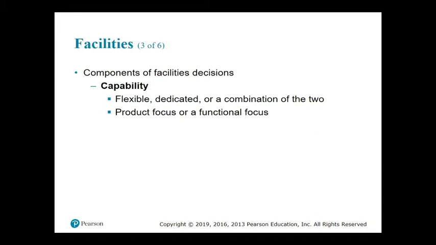So a product focused facility would basically manufacture product A, and perform the processes needed in each step of producing product A. And the functional focused facility will basically say this facility is dedicated to carrying out one particular process that may be a part of the processing steps for products A, B, and C. So basically, product focused facilities tend to provide more expertise on particular products at the expense of the functional expertise that comes from the functional focused facility.